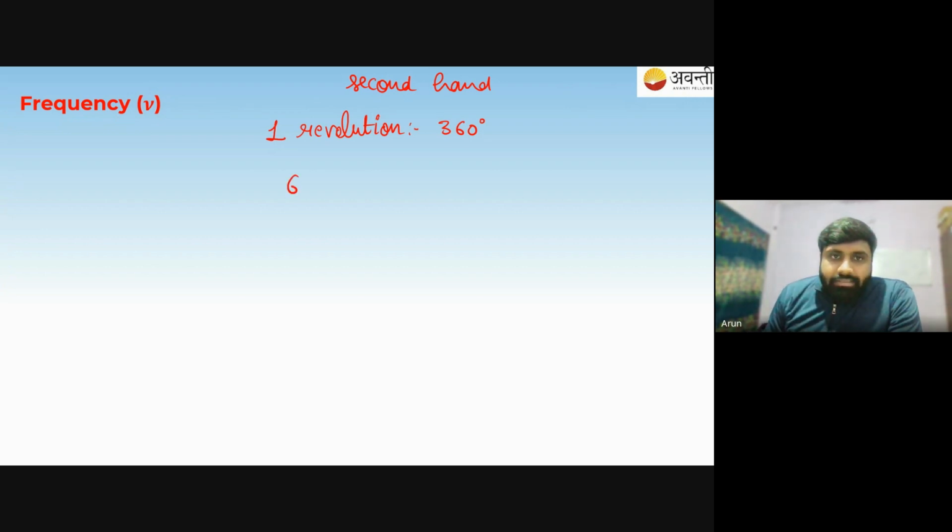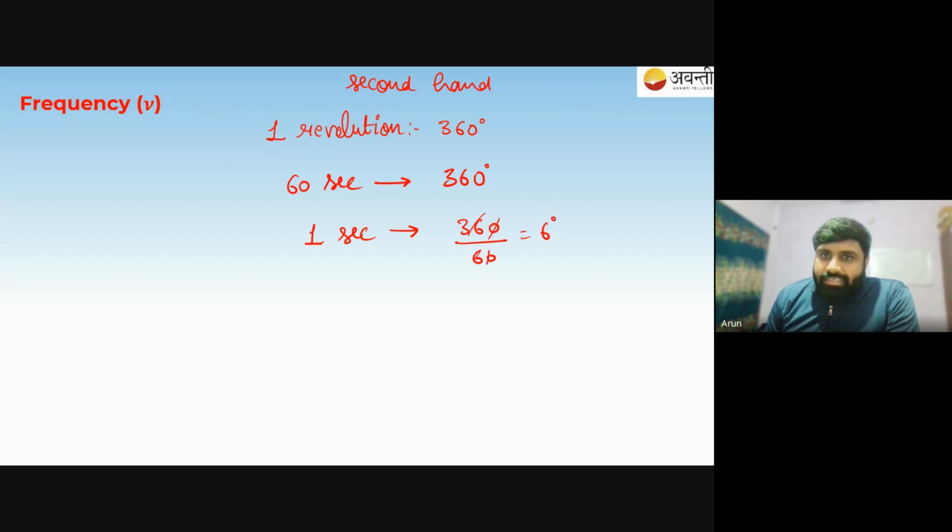Because in 60 seconds it covers 360 degrees, which is one revolution, so in 1 second, 360 upon 60, which is 6 degrees per second. So that is the frequency of the second hand, which covers 6 degrees.